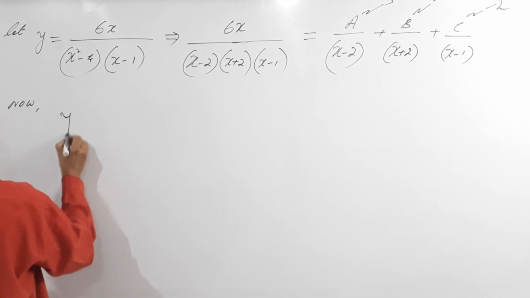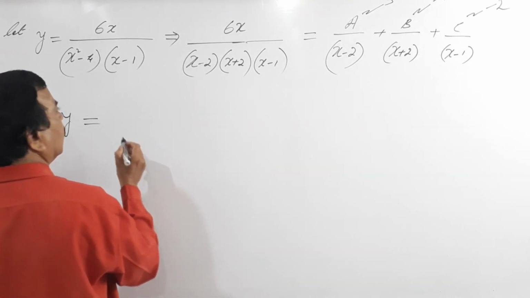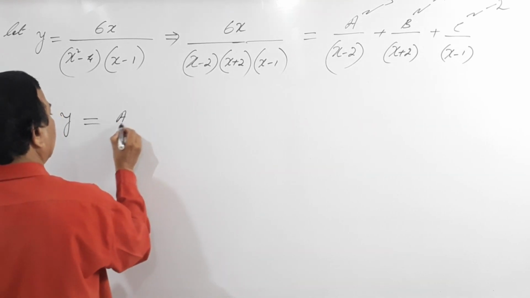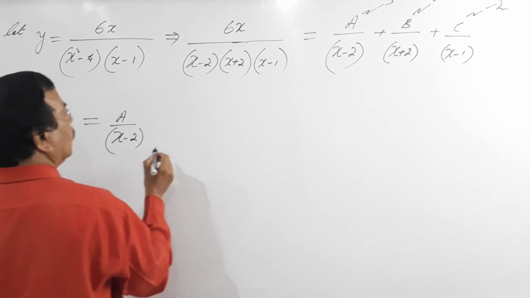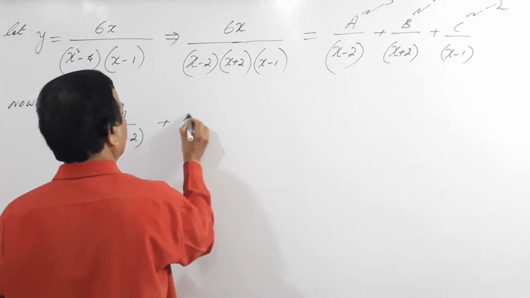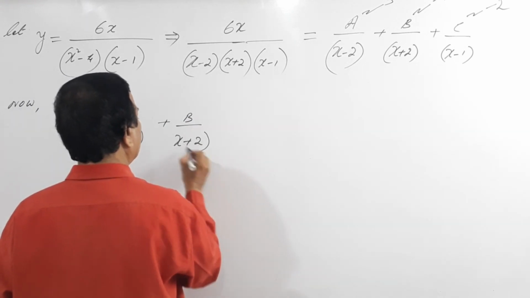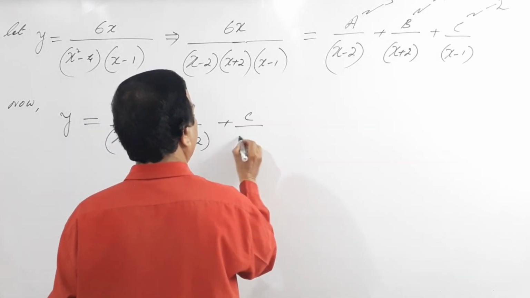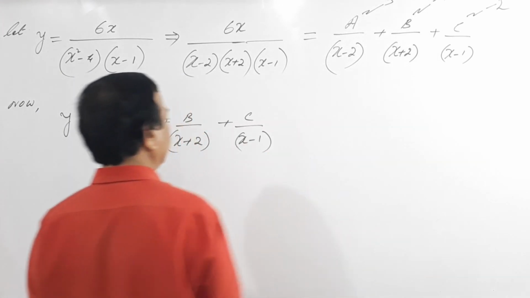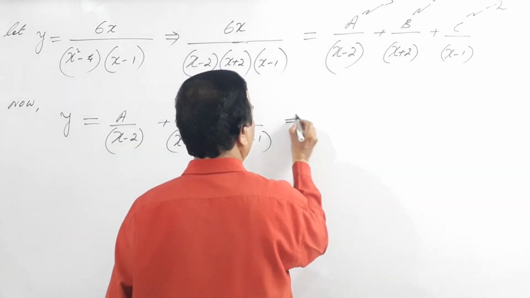Now y equals, what happens here? A by x minus 2 plus b by x plus 2 plus c by x minus 1. So I got the values of these.